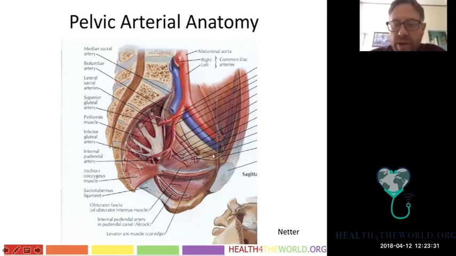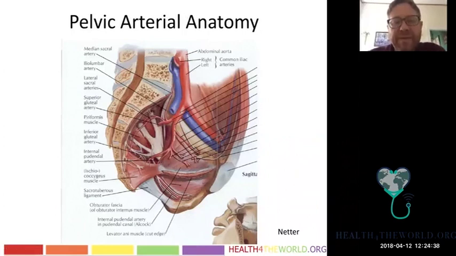And if you look here, it has a collateral vessel, which fills from the inferior epigastric many times, and that's called the corona mortis, which is a variant arterial route that goes from the obturator over the superior pubic foramen.